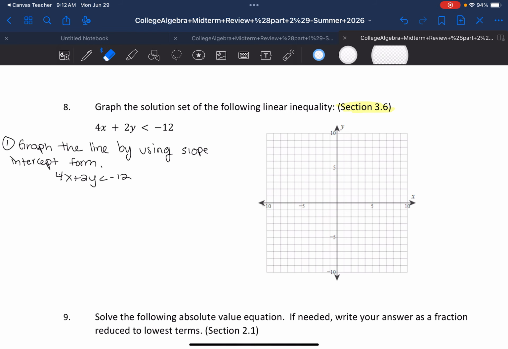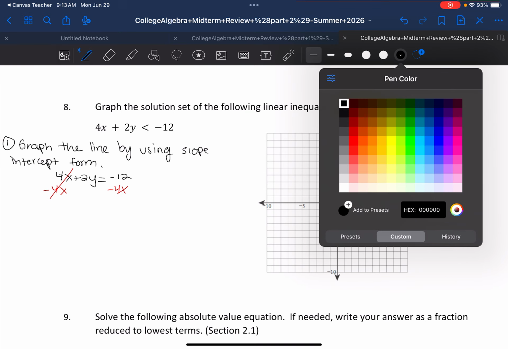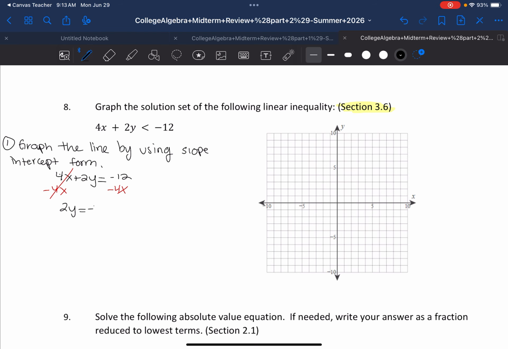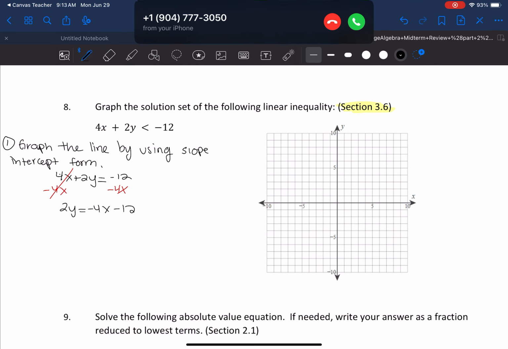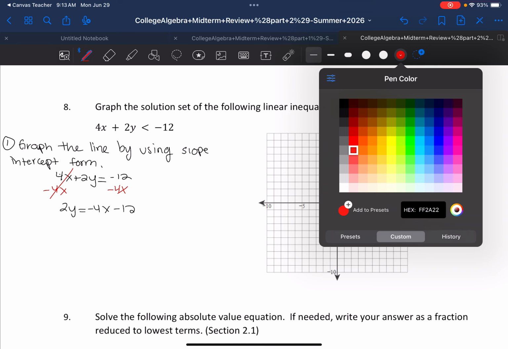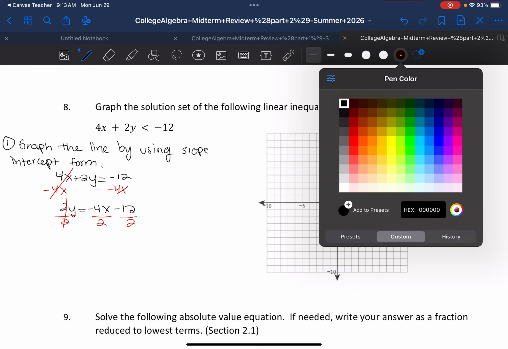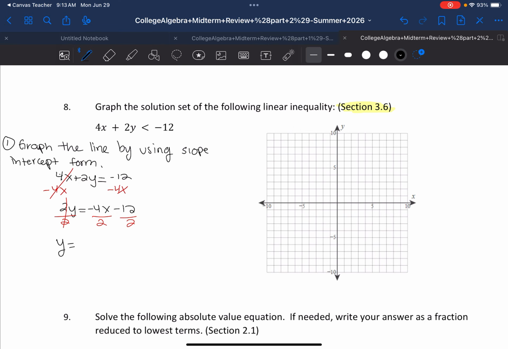Now at this point I could just change this to an equal sign for right now, and just solve it like normal. So I'm going to subtract 4x from both sides, which will leave me with 2y is equal to negative 4x minus 12. And then I'm going to divide everything by 2. So y will be equal to negative 2x minus 6.